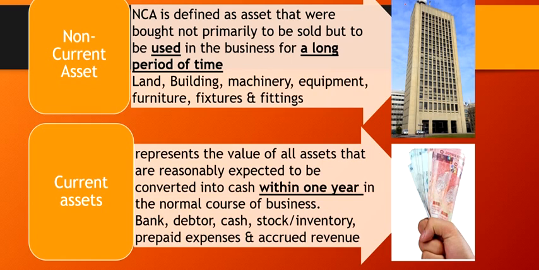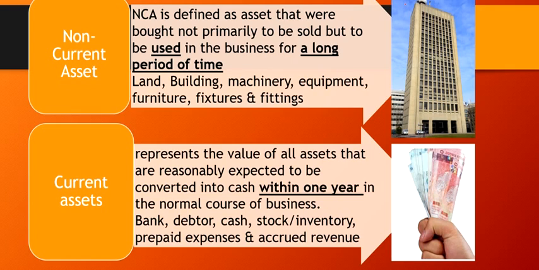So you all kena ingat, non-current asset ni dibeli untuk kegunaan bisnes, bukan untuk penjualan bisnes. To be used in the business for a long period of time. For example, land. Bila kita beli land, of course kita nak guna untuk jangka masa yang lama.